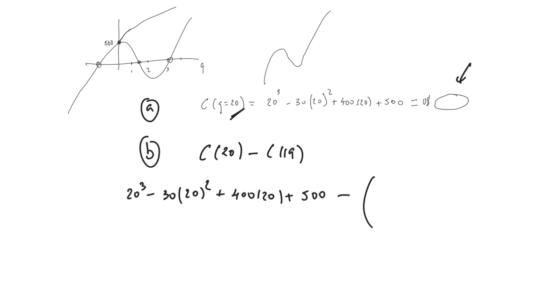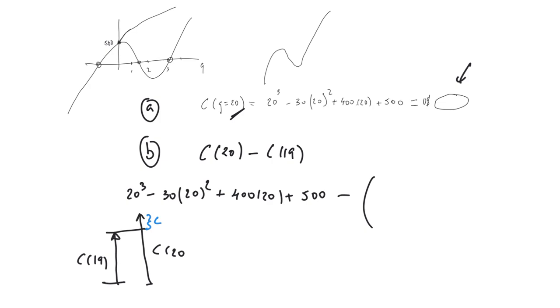The difference between the cost of producing 20 cars minus the cost of producing 19 cars should be the cost of producing the 20th car. So this is the cost of producing 19 cars. This is the cost of producing 20 cars. And the difference is the cost of producing the last car, the 20th car.